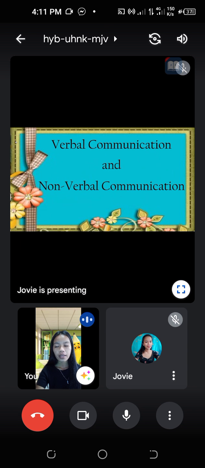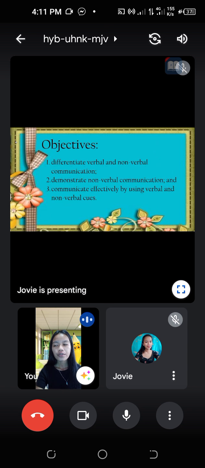But before that, let us know first our objectives. Our first objective is to differentiate verbal and non-verbal communication. Second, demonstrate non-verbal communication. And the last one is to communicate effectively by using verbal and non-verbal cues.